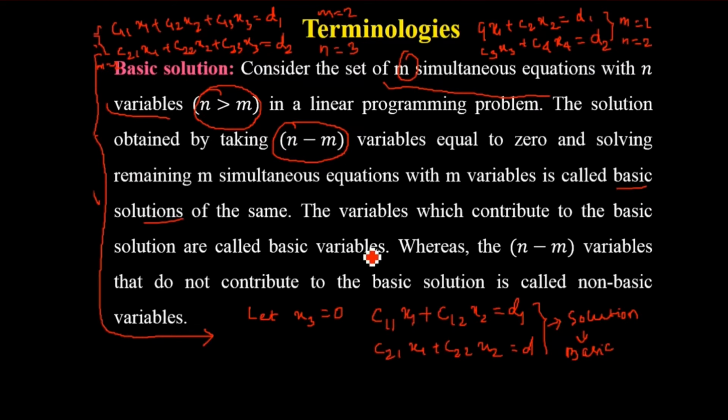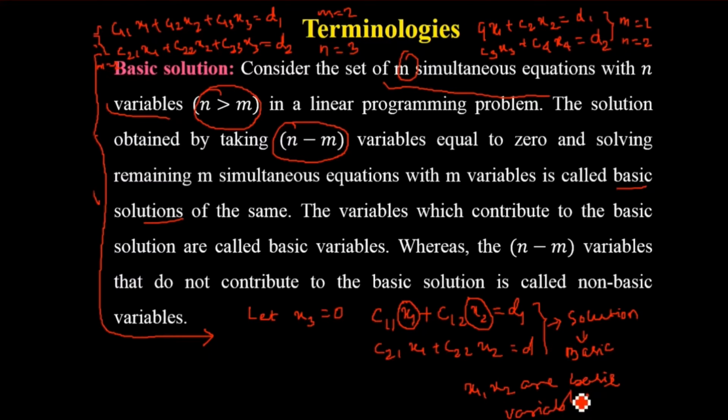I hope you understood. The variables which contribute to the basic solution are called basic variables, and this x1 and x2 are contributing for the solution. We can write here x1 and x2 are basic variables. Clear?